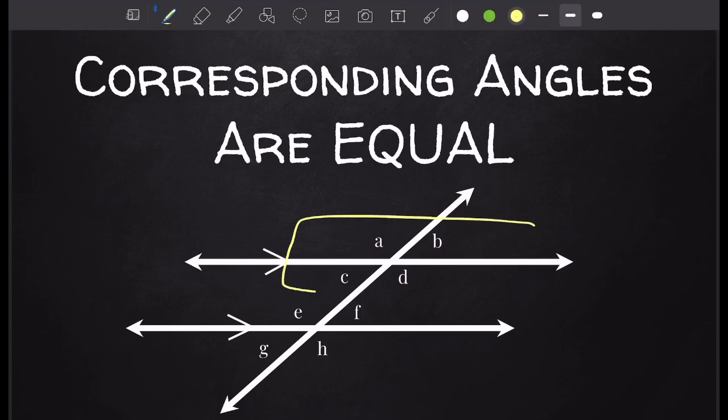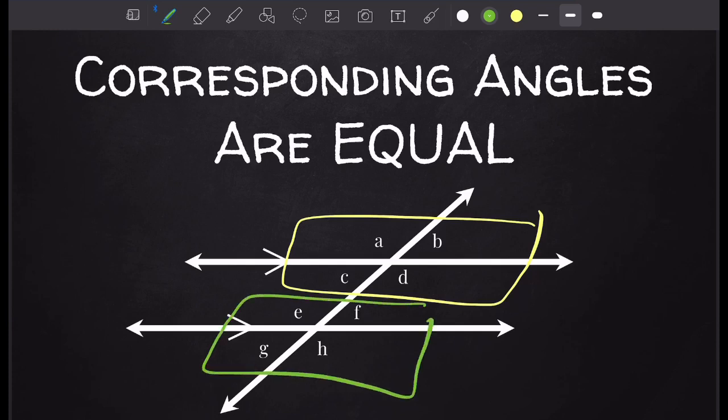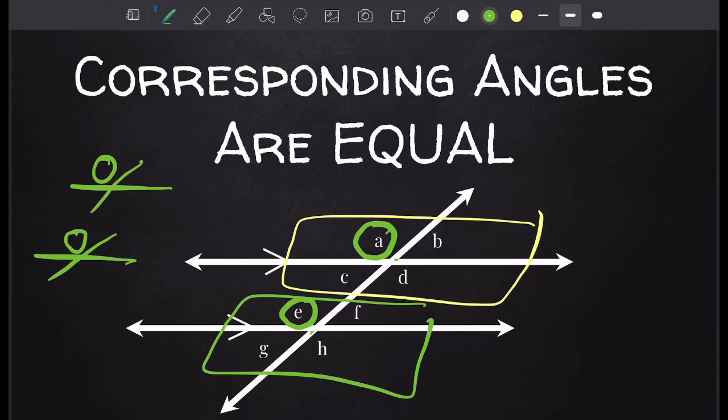So this area, and this area, they are like two sets of intersecting lines. This is in the same spot as this. So if I separated it, this is the same area as that, okay? That's what you call corresponding angles, because their positions correspond to each other, are in the same place, okay?